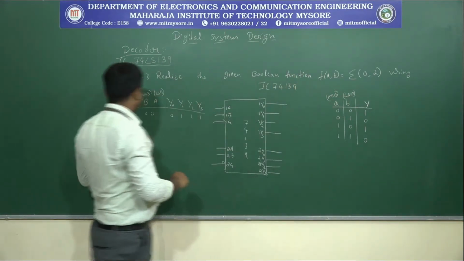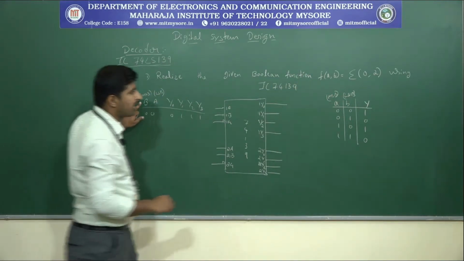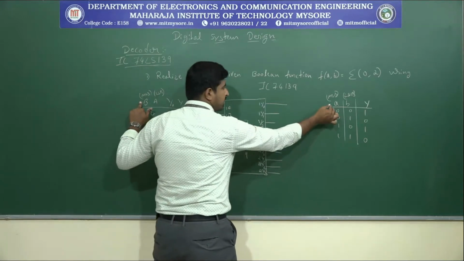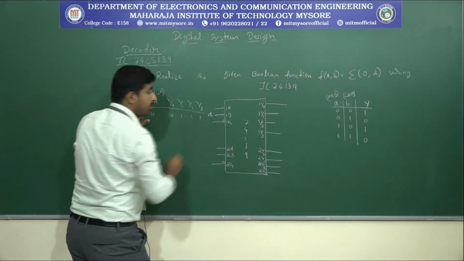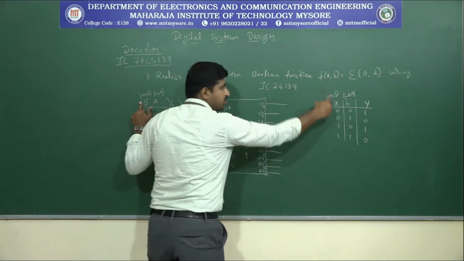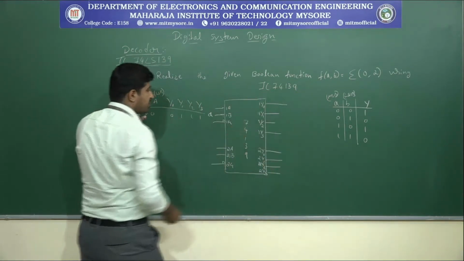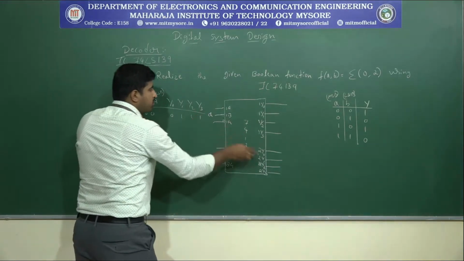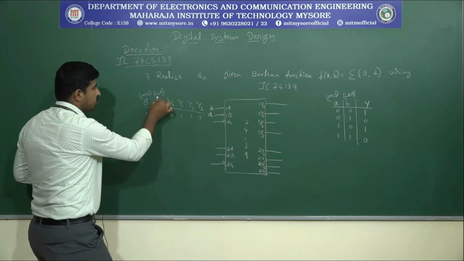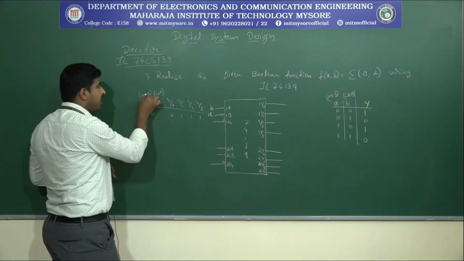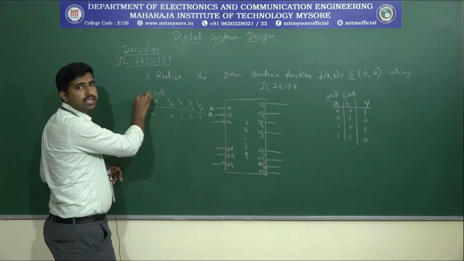So that means according to this truth table or the given function, the A input should be connected to 1A. Next, the B input should be connected to 1B. So A corresponds to the LSB and B corresponds to the MSB, keep in mind.